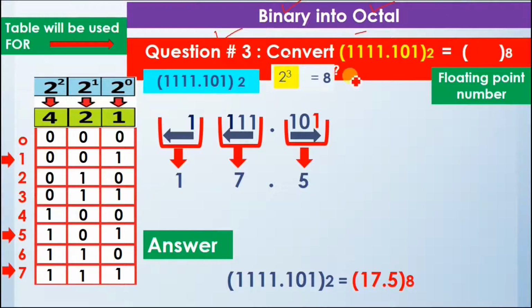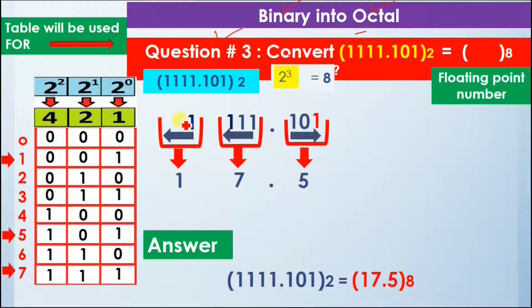So first of all, as we have to convert a binary number into octal, we will make groups of 3 digits while moving away from the decimal point. So while moving towards the left, we will make a group of 3. So that is 111. 111. Okay, they come here. Next, only one is left. So we write 1 here.